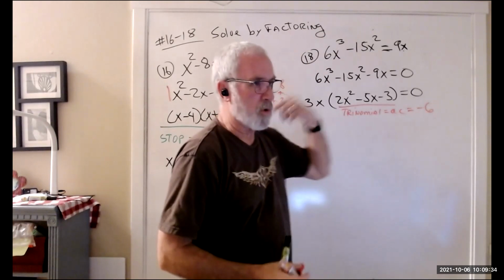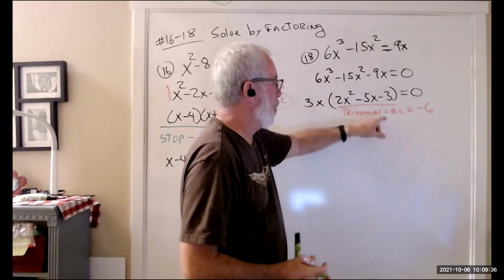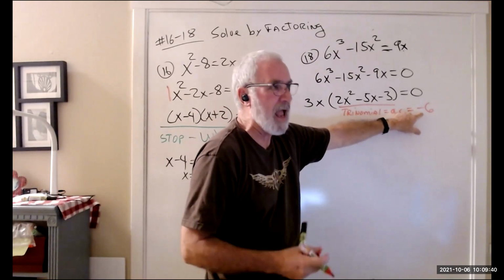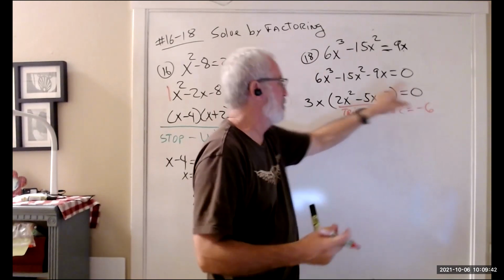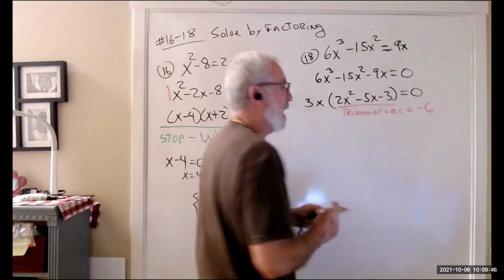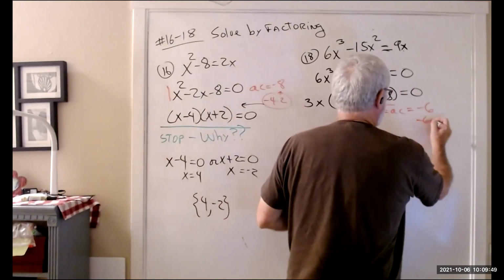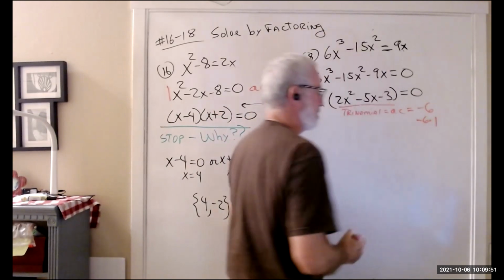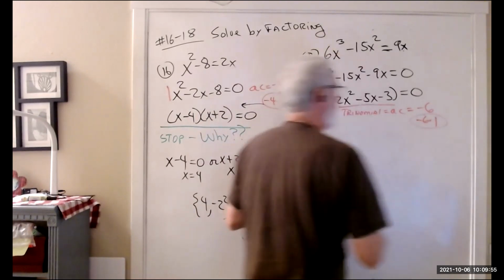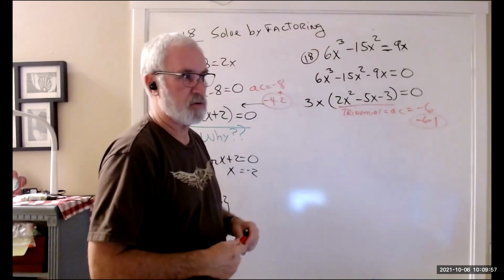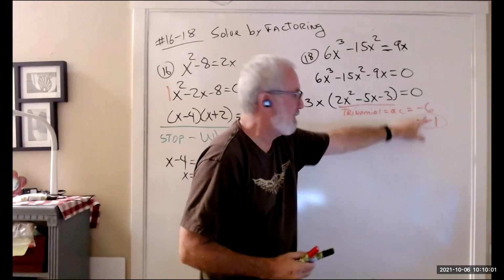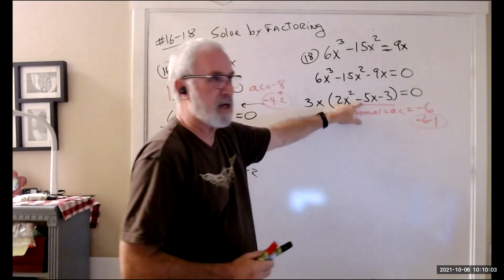So we run through our multiplication tables again. What times what makes -6 and adds or subtracts to make -5? It turns out to be -6 times 1. They multiply to make -6 and they add to make -5.